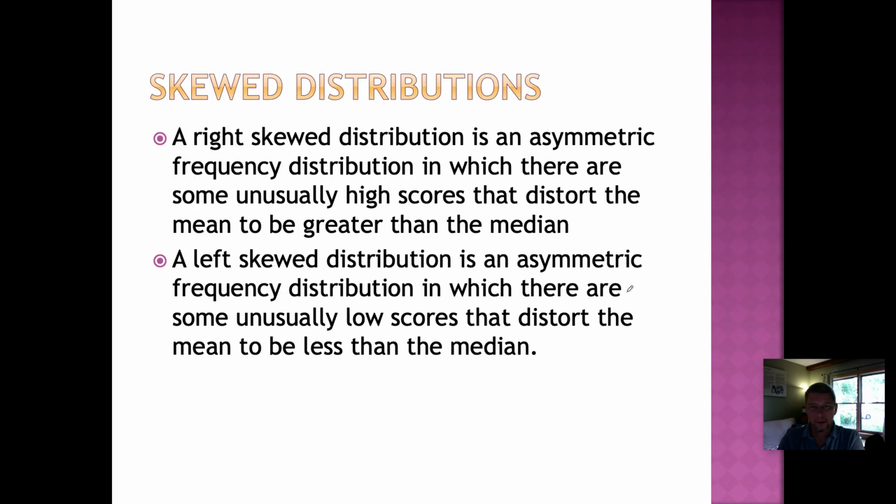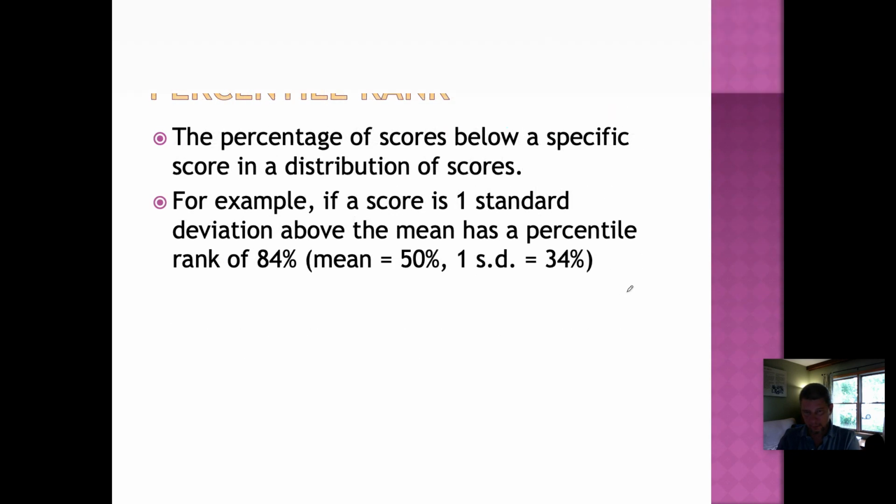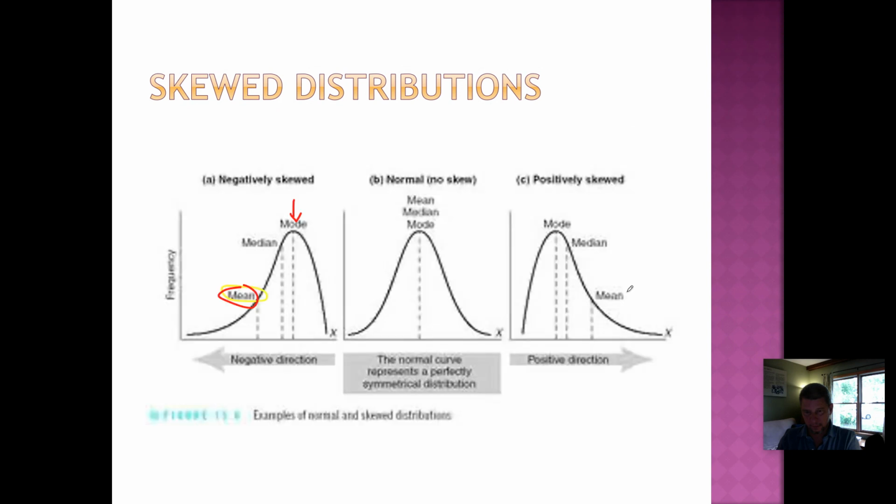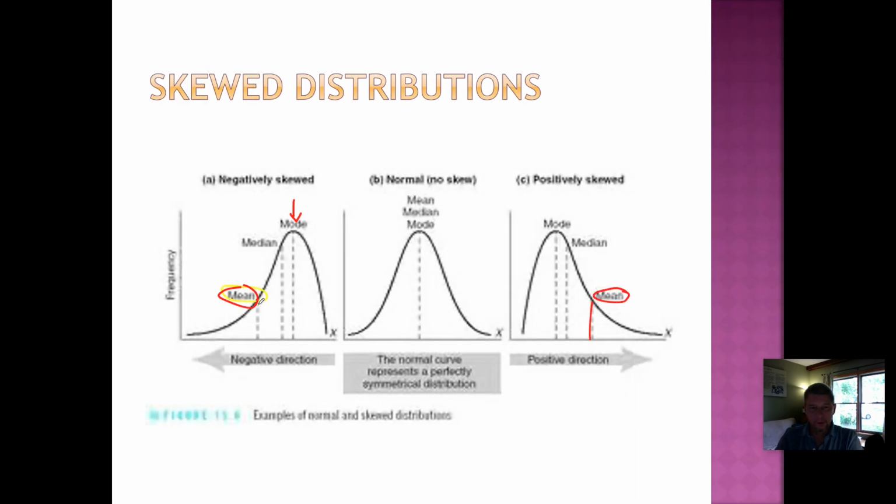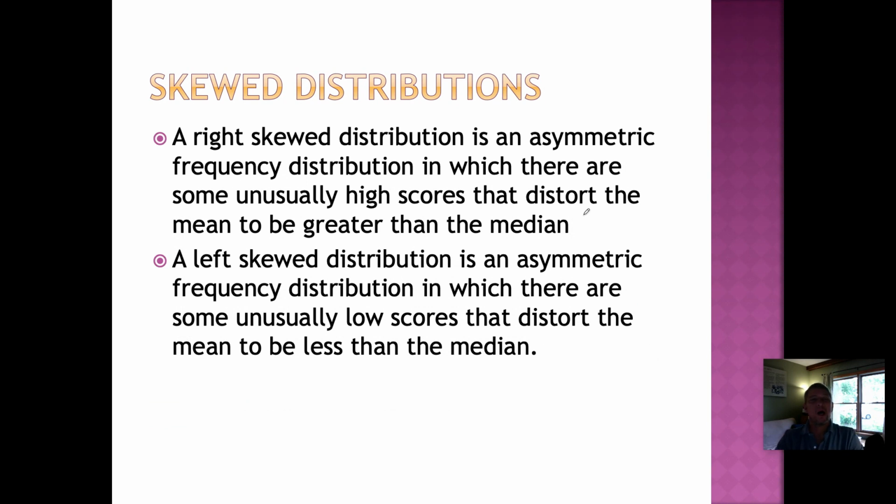On the other hand, if the mean is here, what that means is that the mean is greater than the mode. And so this is a positively skewed distribution. Now, right skewed is when the mean is greater than the median. Left skewed is when the mean is less than the median.